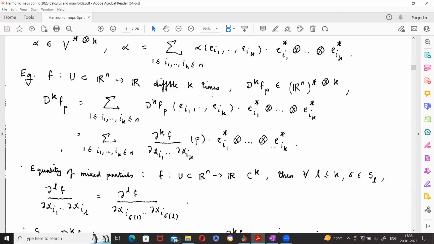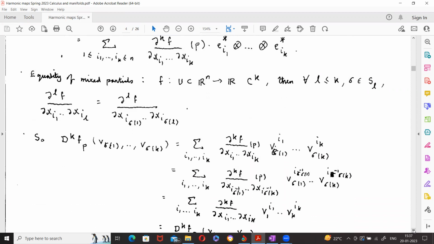Is it clear? Yeah, it's clear. So that is what the kth partial derivatives are. They are the coefficients of the multilinear function with respect to this basis, the natural basis, e_{i1}^* tensor ... tensor e_{ik}^*.